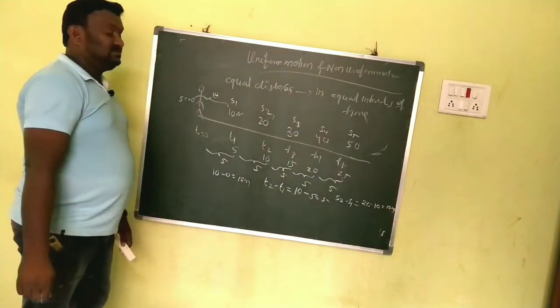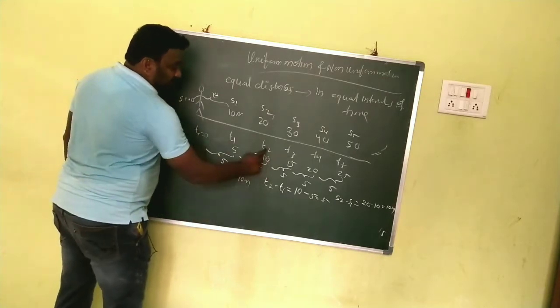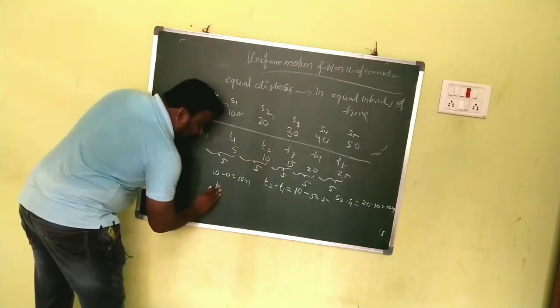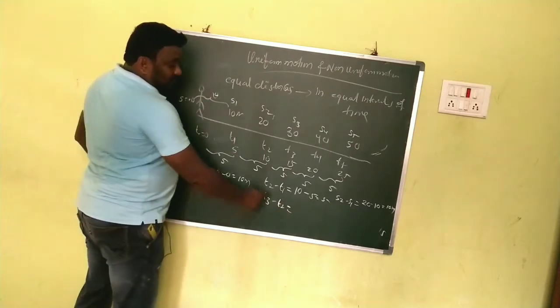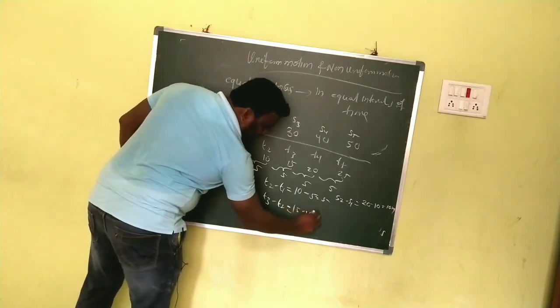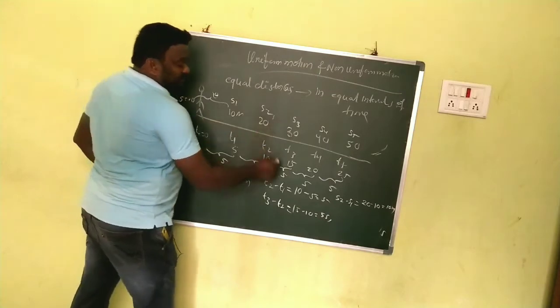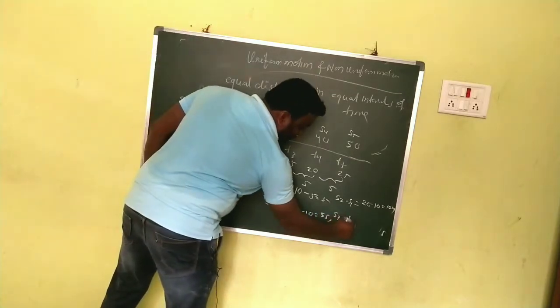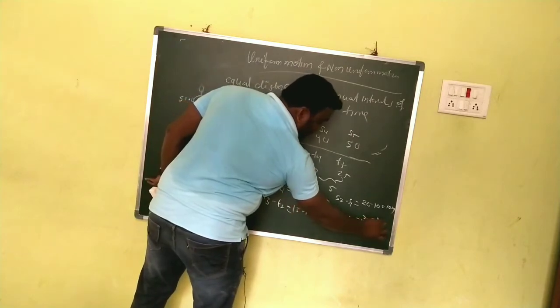Next we go for the next interval, T3 minus T2. T3 is 15, T2 is 10, so 15 minus 10 is 5 seconds. For that we write S3 minus S2, 30 minus 20, that is 10 meters.